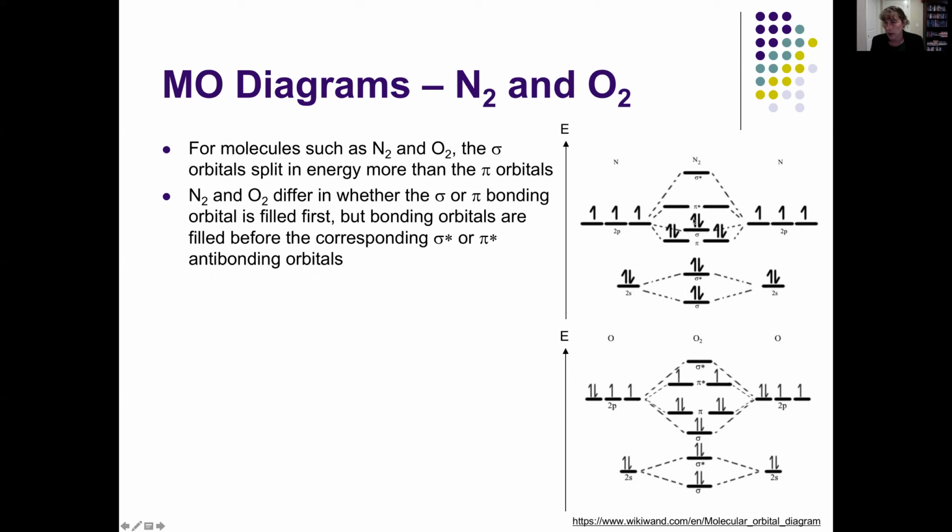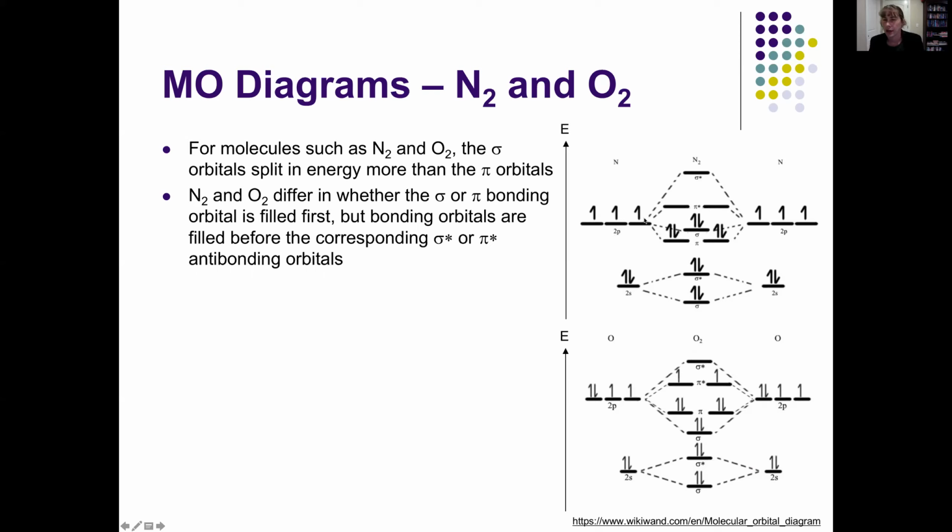One difference between the nitrogen molecular orbital diagram and the oxygen is exactly what is the relative energy ordering of the sigma and the pi orbital. So here we have sigma a little bit higher in energy than the pi. But in both cases, we're going to want to fill up those sigma or pi orbitals first before filling up any of the anti-bonding orbitals. So for nitrogen, there's some 1s orbitals that aren't shown. 2s electrons fill up the sigma and sigma star arising from the 2s.